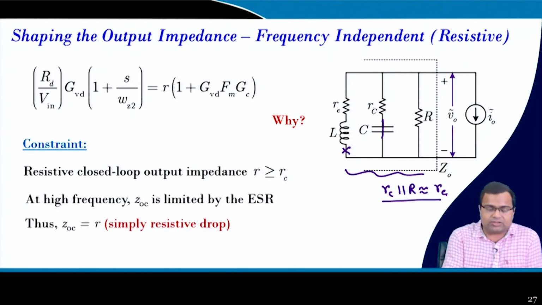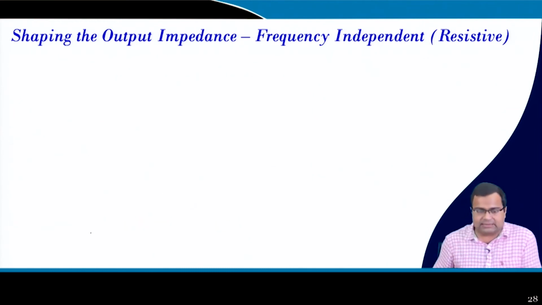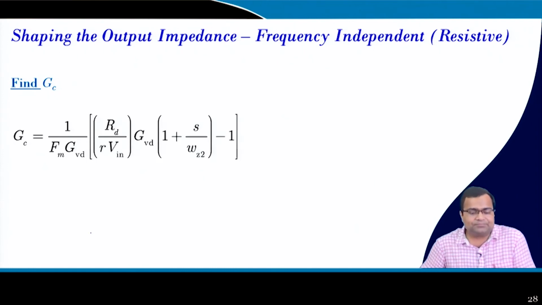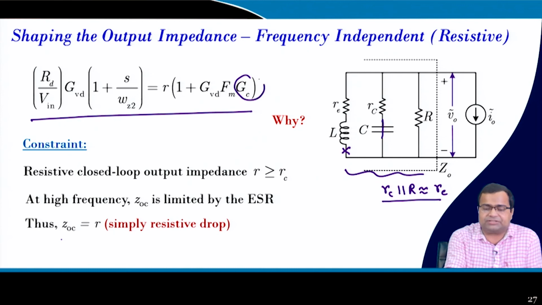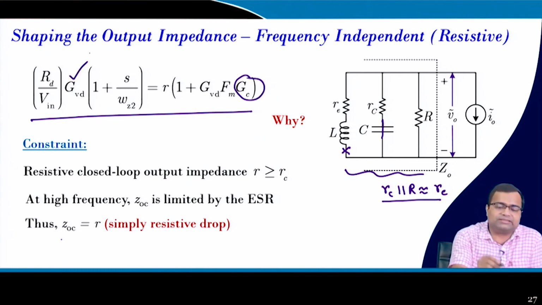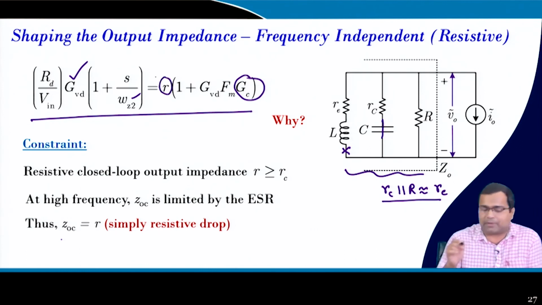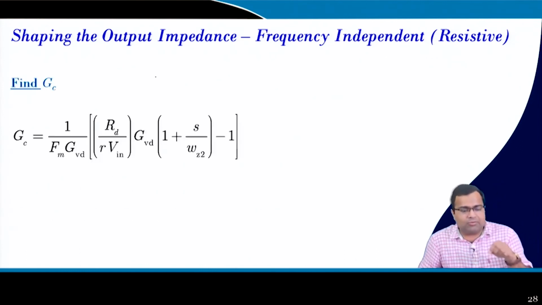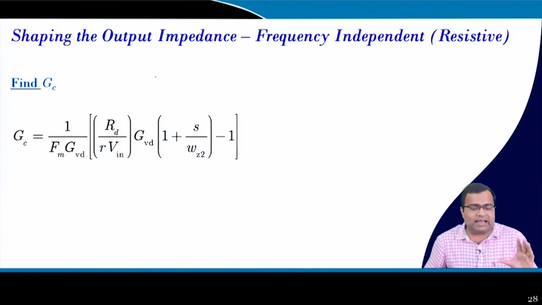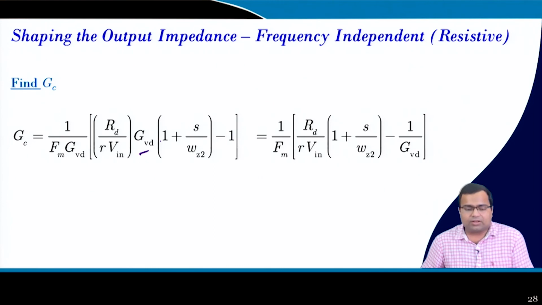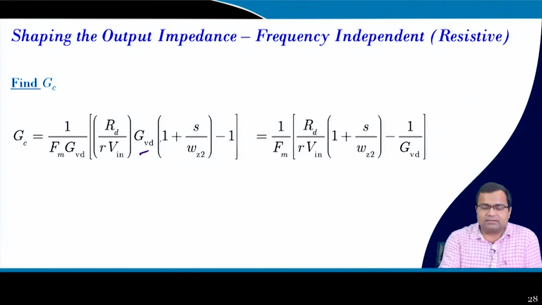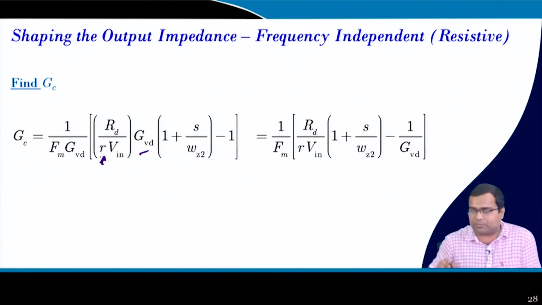So, it has to be larger than this, and that means now, from this expression, we need to find out what GC is. GVD is known, everything is known; only GC has to be found in terms of R. Now GC is written like this, and this R is our closed loop output impedance that we want to obtain.